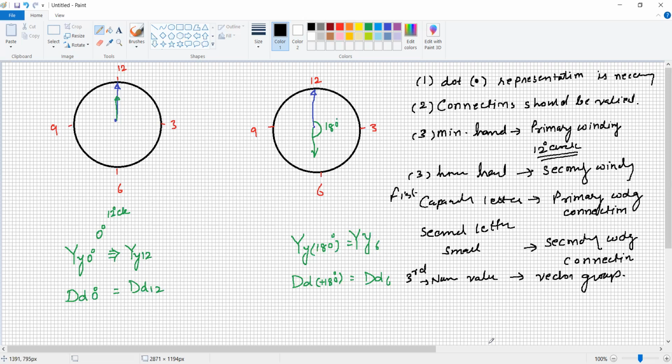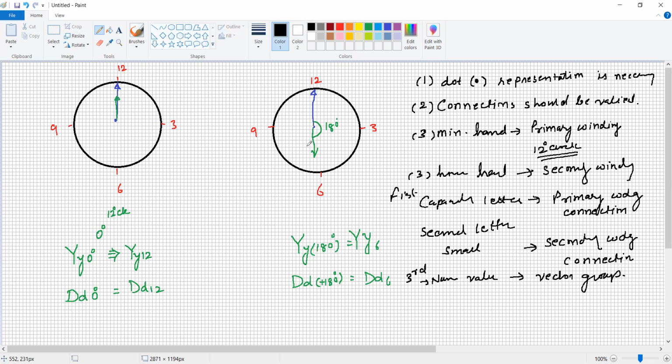In the next lecture, we will try to draw some different vector groups with the help of these concepts. Say this connection may be a star delta. There are two ways to connect the delta.